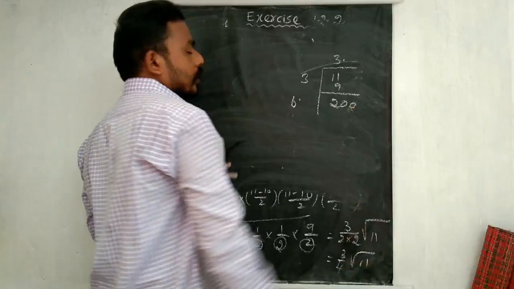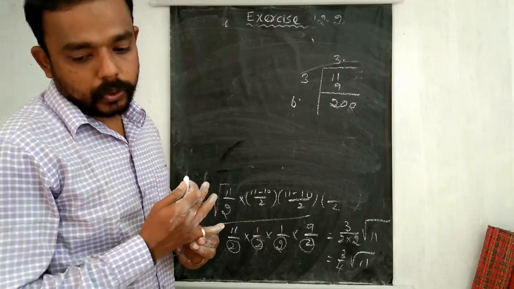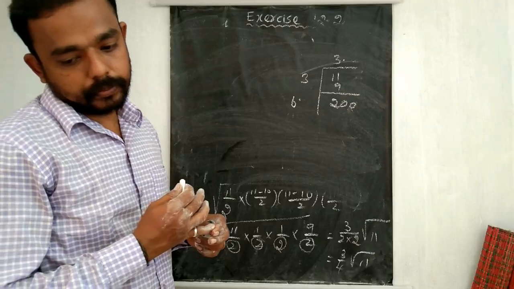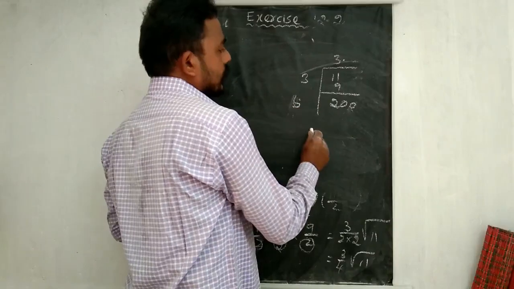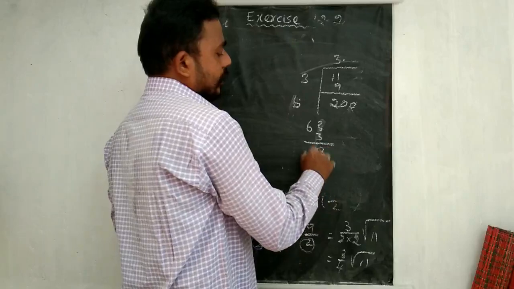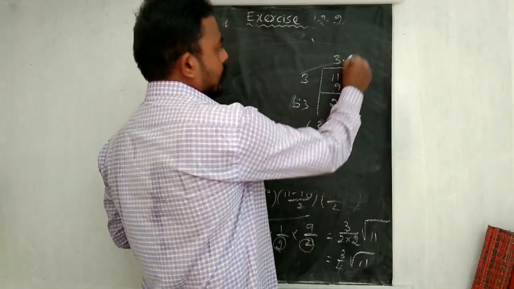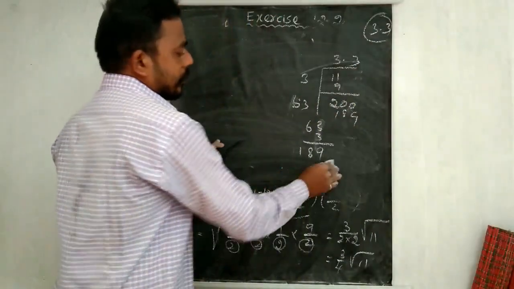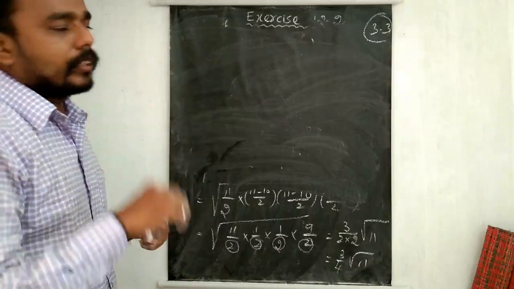Remaining, 200 I can introduce. 3 3s are 9, 18, 189 is possible. So here 3.3, approximate value. Second, third decimal also we can find, at least find one decimal value.